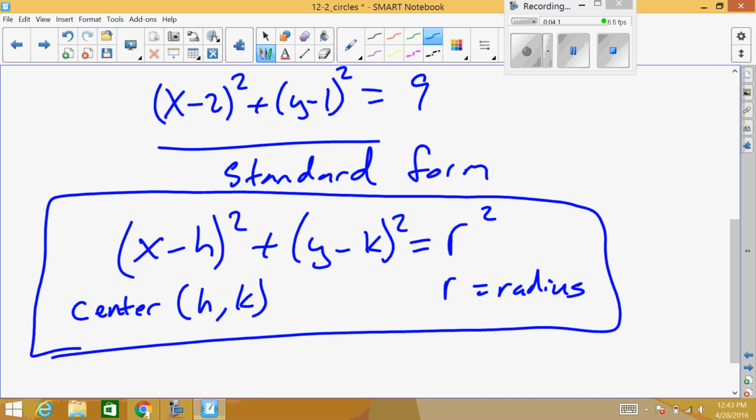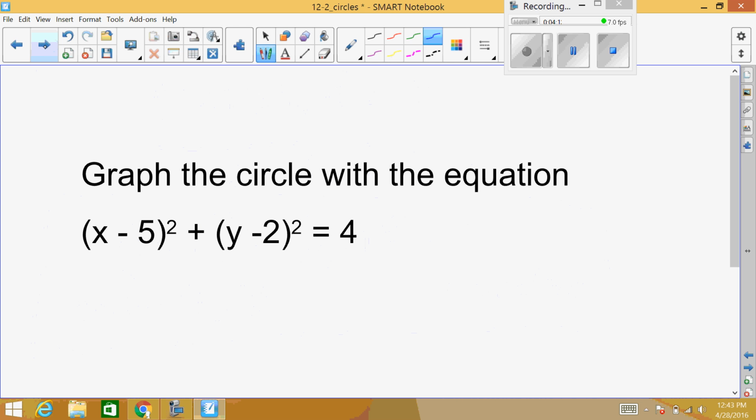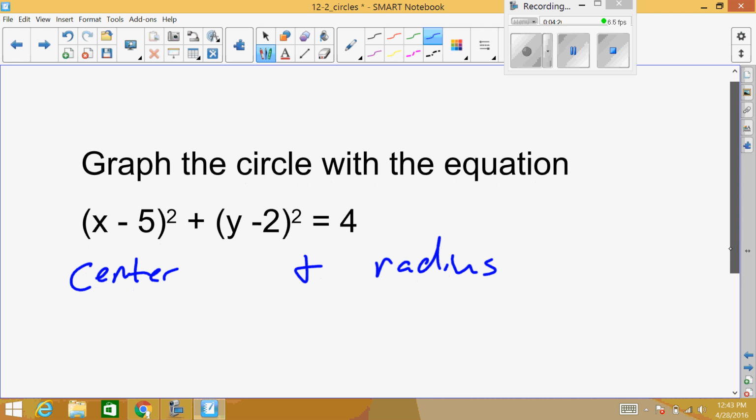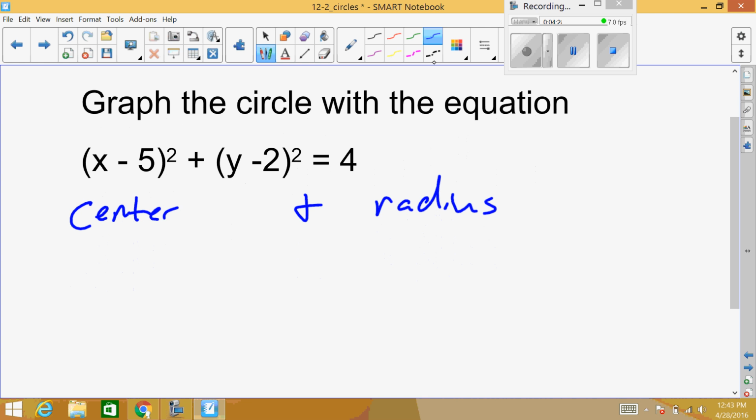Now let's use that in reverse. Here I've got an equation for a circle. I want to know the center and the radius, because that will help me graph the circle. We're going to graph in a different video, but I want to find those pieces right now. I'll start with the radius. From the standard form of my equation, that's r squared, so r squared is 4. I want r by itself, so I take the square root of both sides.